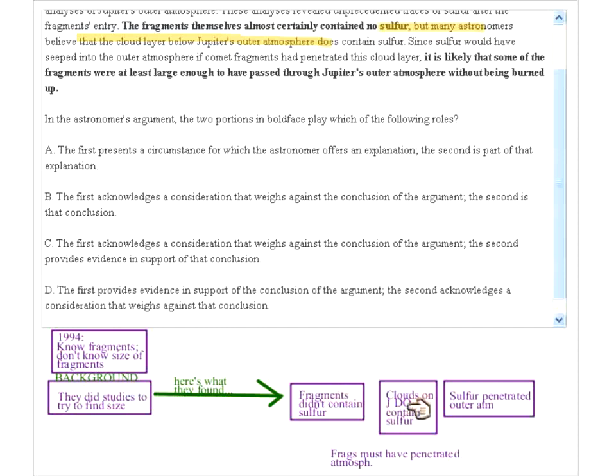There was no sulfur in the fragments, but sulfur penetrated from the clouds to the outer atmosphere. So this is a but, as it says, but many astronomers believe. So these in combination are meant to show you that the fragments must have penetrated the atmosphere.